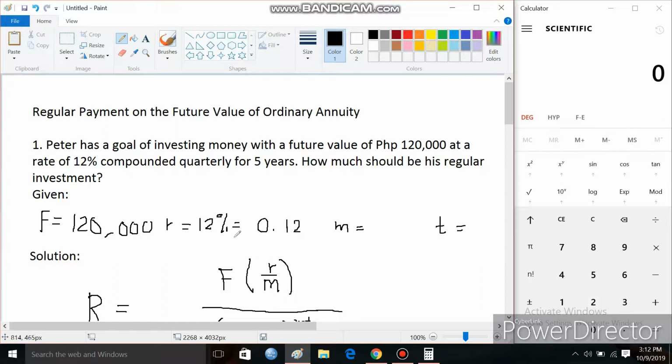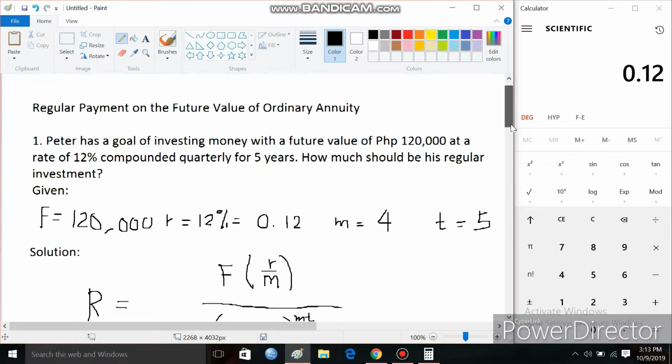If we're going to calculate that, we'll just type 12 divided by 100, then press equals. So this is 0.12. Then M is the mode of interest, which is compounded quarterly. If we have compounded quarterly, the M is 4, since in 1 year there are 4 quarters. Then the time is 5 years. So we have now the F, the R, the M, and the letter T.